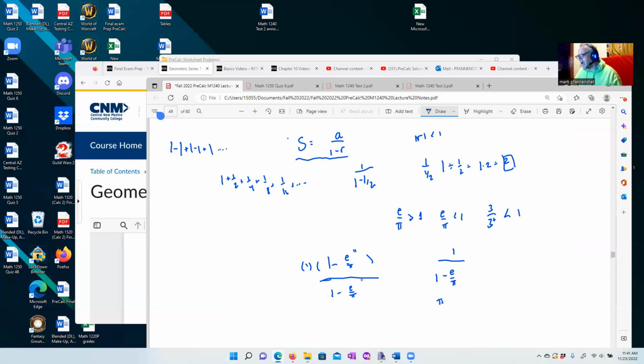We can say that's pi over pi minus e over pi, so that's 1 divided by pi minus e over pi. So this is pi over pi minus e, and that would be our answer for this geometric series. This is what it's going to converge to.